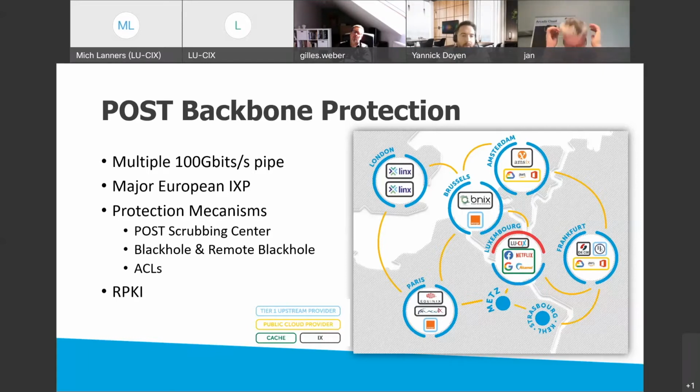And we can also, if needed, use access lists. Also, since the beginning of the year, we now use an RPKI validator to check and avoid the spoofing of IPv4 and IPv6 prefixes inside our network.